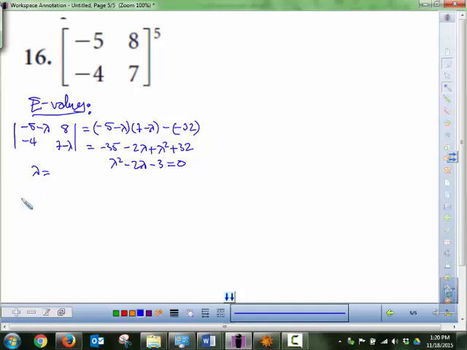I better factor it first. Lambda minus 3, lambda plus 1. Uh-oh. Is that right? Did I do the other one wrong?